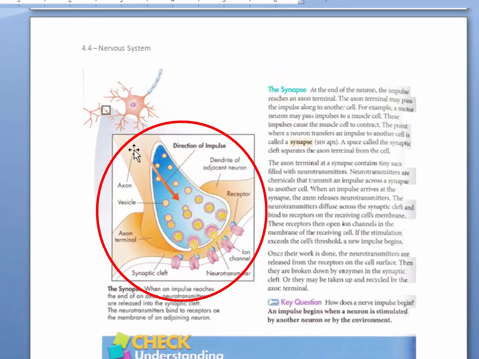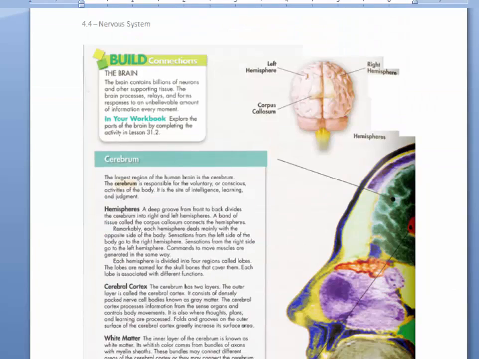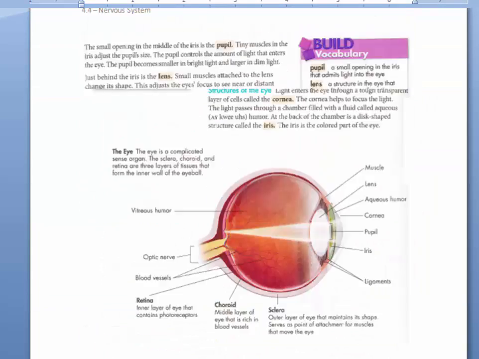It describes how electricity moves down the axon of a neuron and jumps from one neuron to another across this thing called the synapse over to another neuron, which is represented right here, through these chemicals called neurotransmitters. So again, the answers are on page 112 and 113.